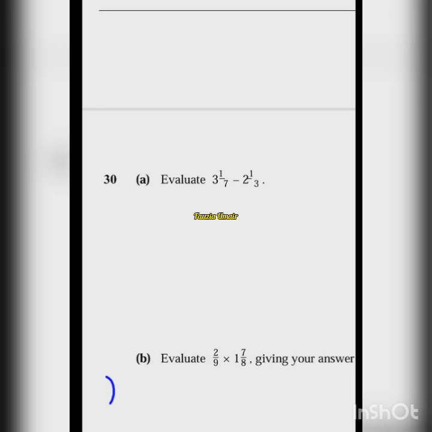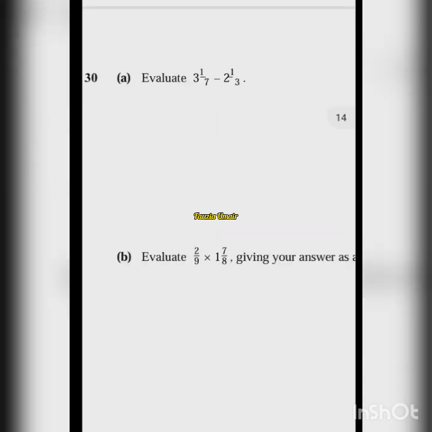So who can tell me quickly what is the LCM of this question? 30th question part A. What is the LCM? 21. 21 is the LCM. Okay. So we can move on to next. Hussain, what do you think? Will you be able to solve question 30th A part? Is it easy or we should solve it together? Yes, ma'am. Easy है. Same questions ही repeat हो रहे हैं.